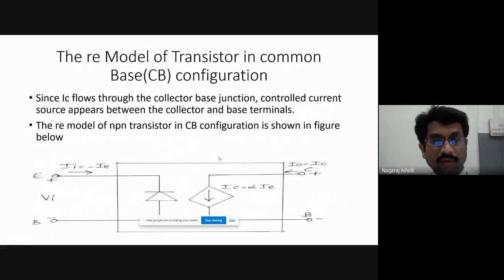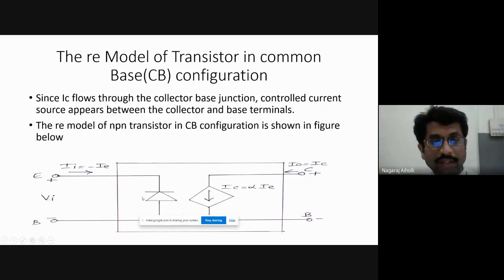Now, looking into all these considerations that we discussed just now, we can draw the re model of the NPN transistor in common base configuration, which is as shown here. As I told, the emitter to base junction is similar to the PN junction of a diode.